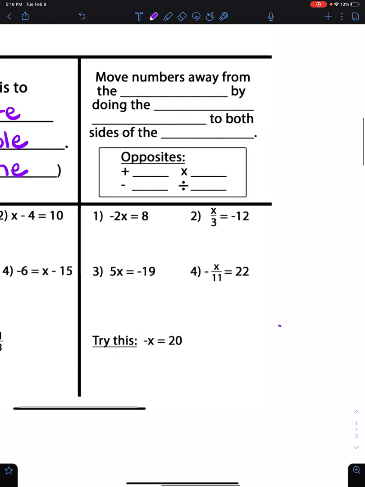To do that, we move the other numbers in the equation away from the variable. And we do that by doing the opposite operation to both sides of the equation.